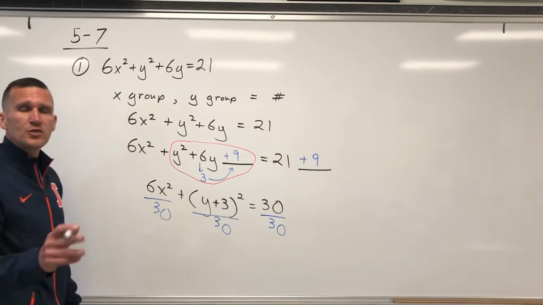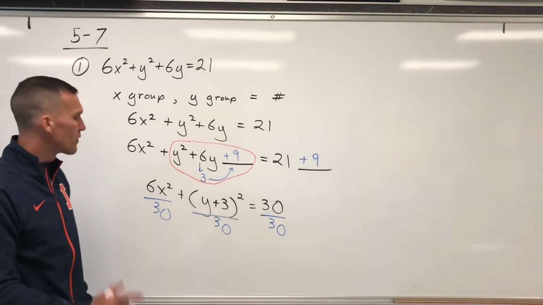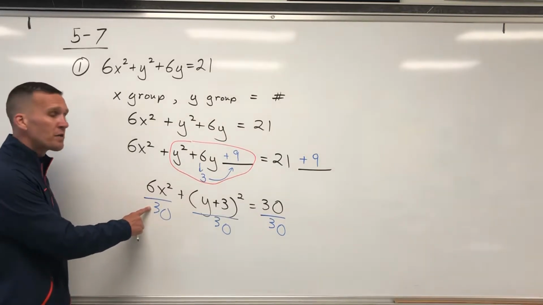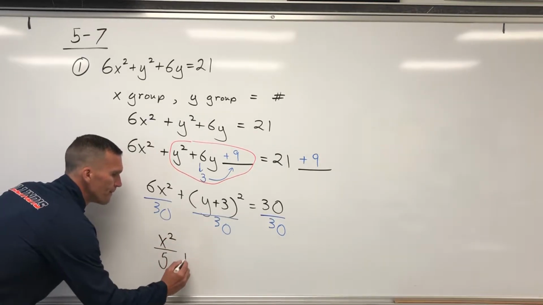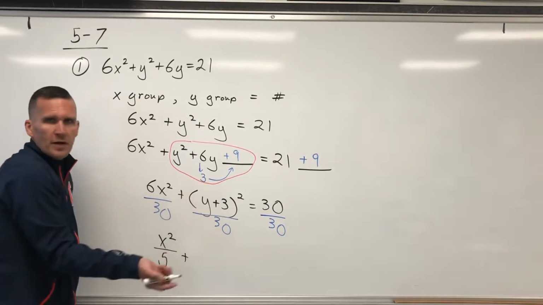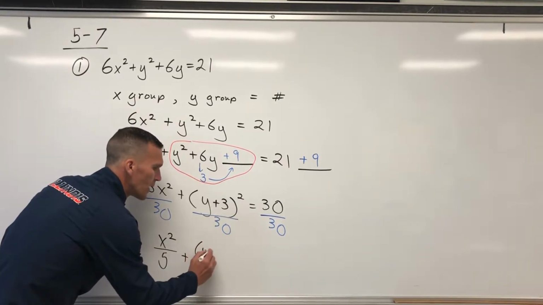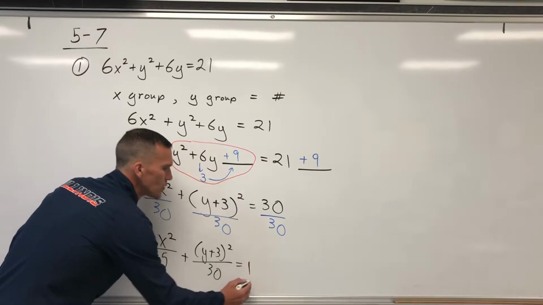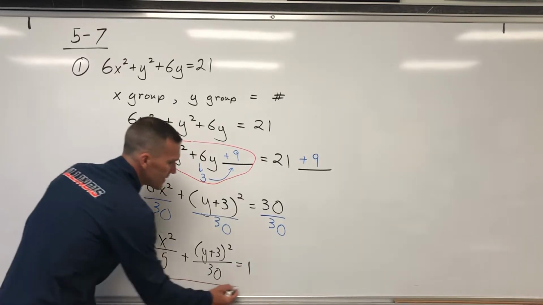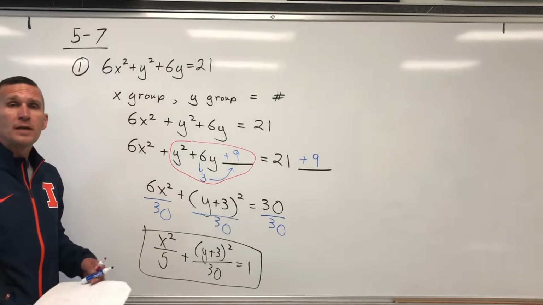And remember, I promised you your fractions would always become 1 over something. 6 over 30 is 1/5, so I don't have to show the 1. And then 1 over 30 stays 1 over 30, so it's quantity y plus 3 squared over 30 equals 1. That is now ready to be graphed.